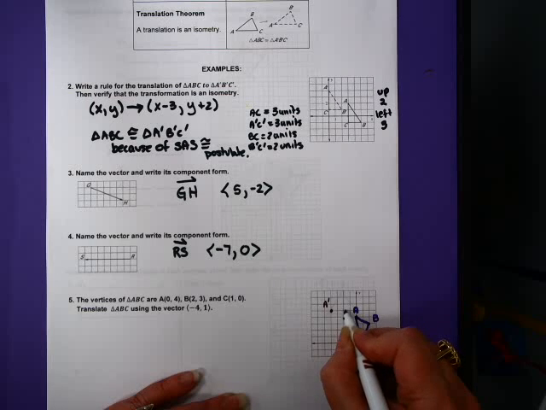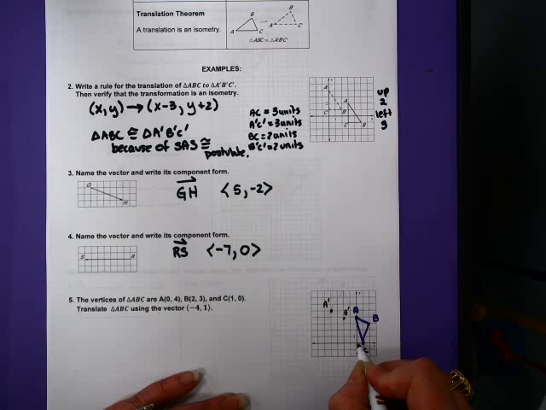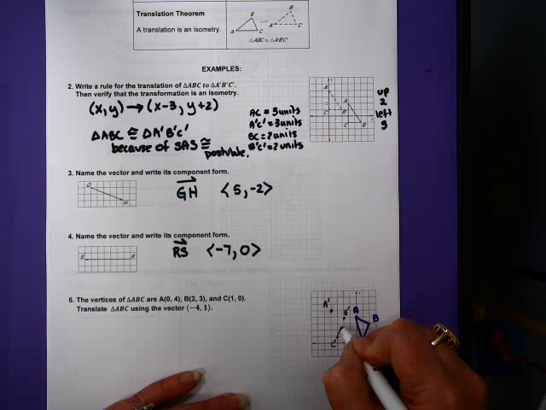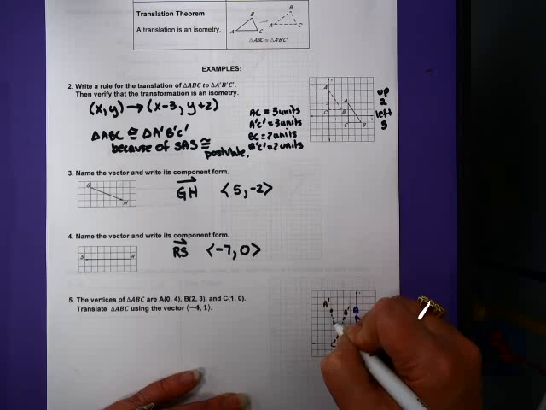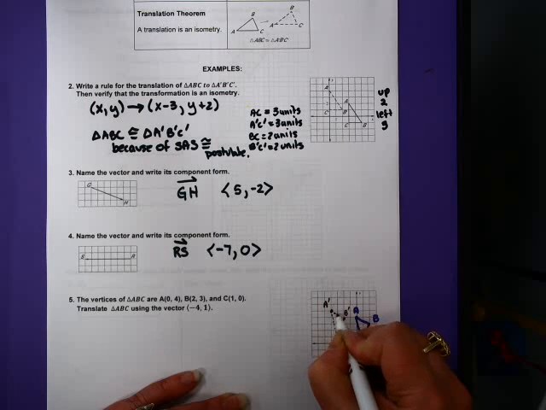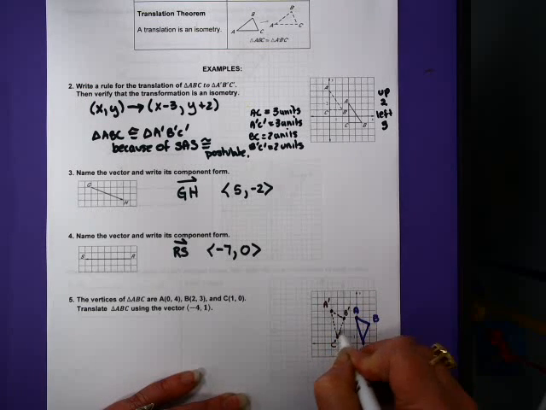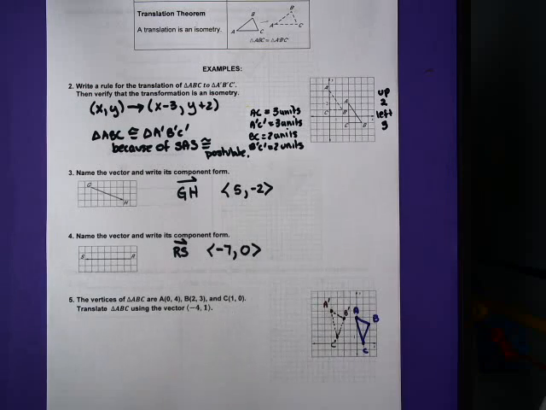There is B prime. And 1, 2, 3, 4, up 1. There is C prime. And this is going to be dotted because this is the transformed figure. And there you go. That is how you do it using your vectors.